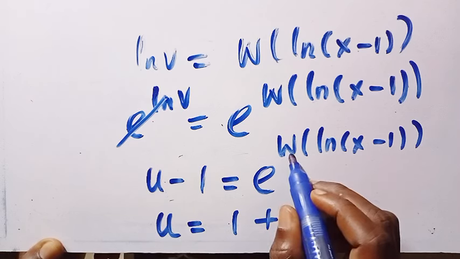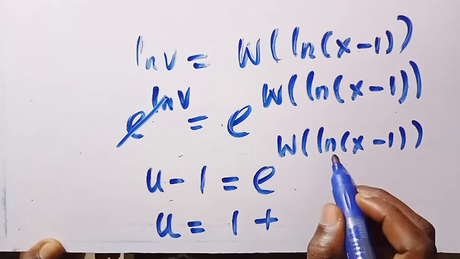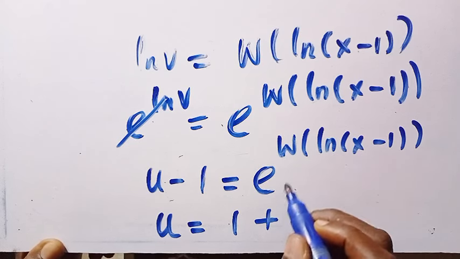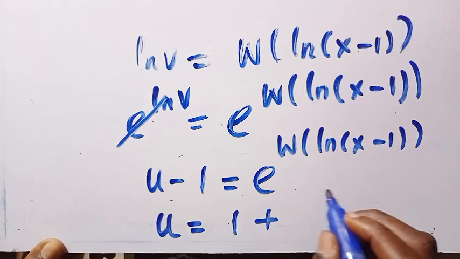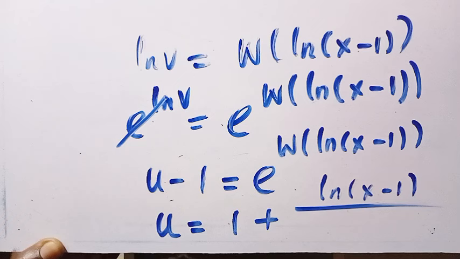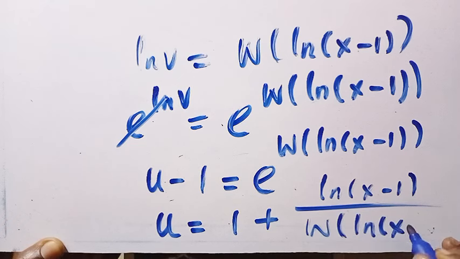But e raised to the power of omega of ln of x minus 1 also has an identity, and the whole of it is given as ln of x minus 1 divided by omega of ln of x minus 1.